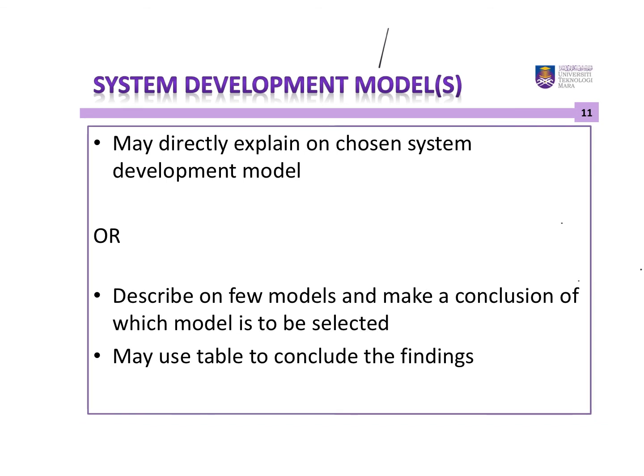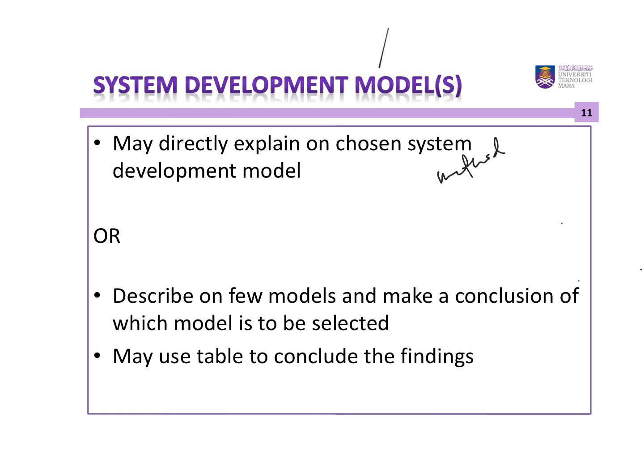So next is system development model. So in this part, you have to explain the development model, which is the method lah, the framework. Okay, 1 point. Chapter 1 itu awak buat framework kan. So framework tu sebenarnya should be based on the system development model.